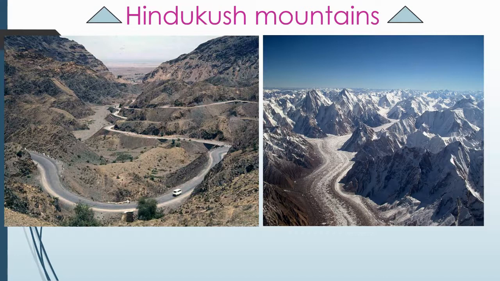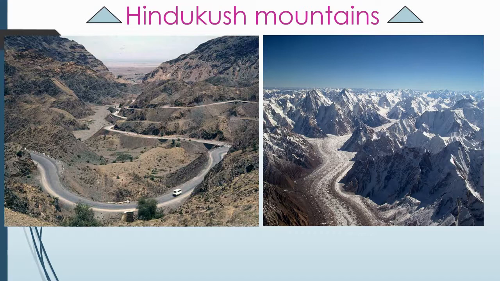You can see, students, in the picture, these roads are known as passes, or mountain passes, by which traders used to come from other countries, for example Pakistan or Afghanistan, into India for trade purposes.